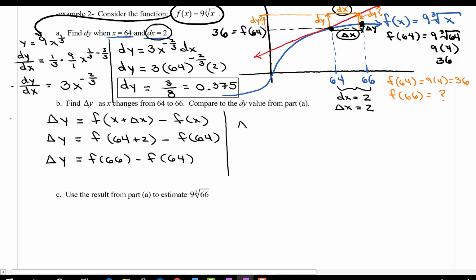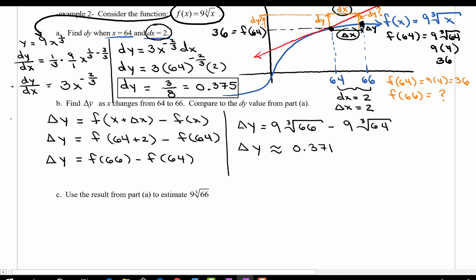Delta y is going to be equal to 9 times the cube root of 66 minus 9 times the cube root of 64. Okay, now we can use our calculator for this part right here. So we're going to pretend we have our calculator back, and we're going to get an approximation. Our approximation comes out to 0.371.